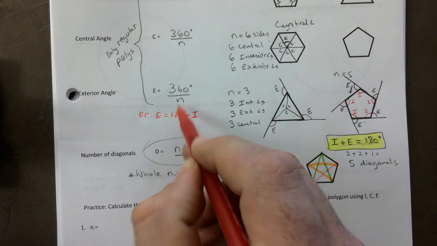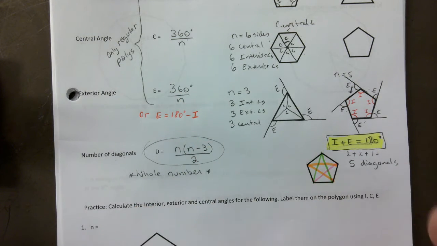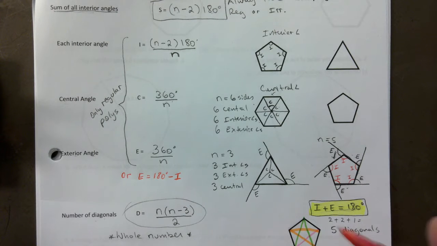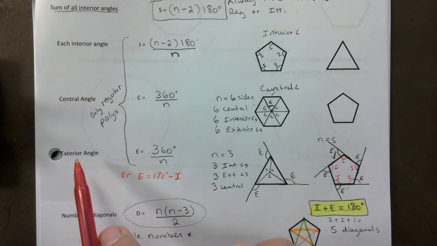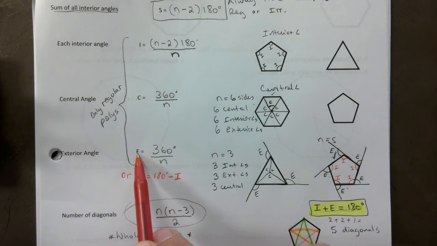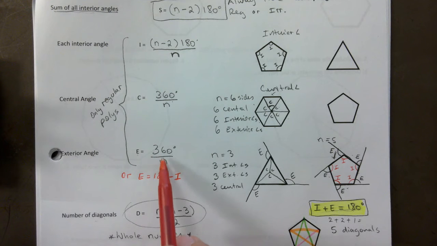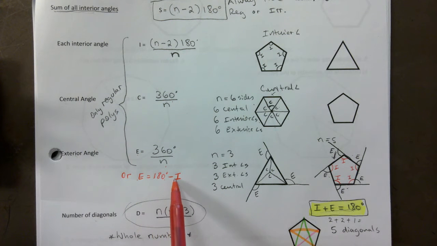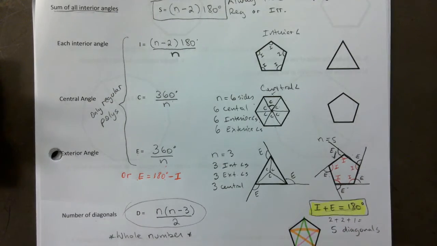You can use either one. Okay, write that down. So the exterior angle can be found using this formula, right? 360 divided by the number of sides, or you can find the exterior angle by going 180 degrees minus the interior angle. I'm going to zoom in on that.